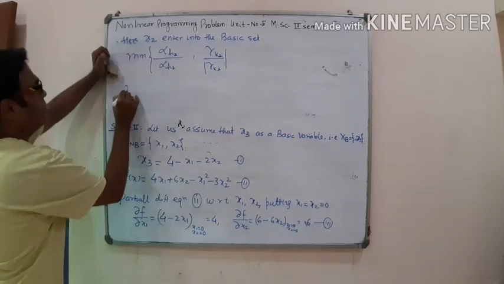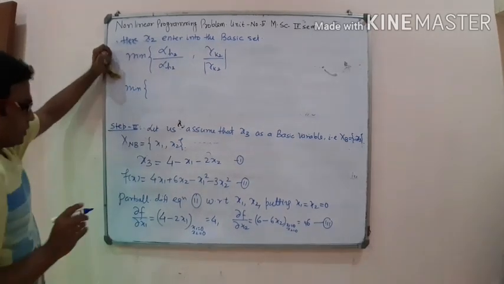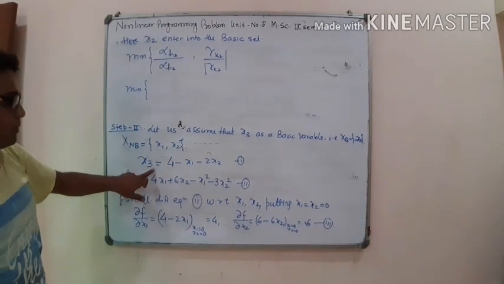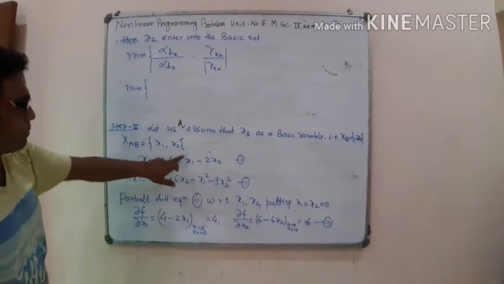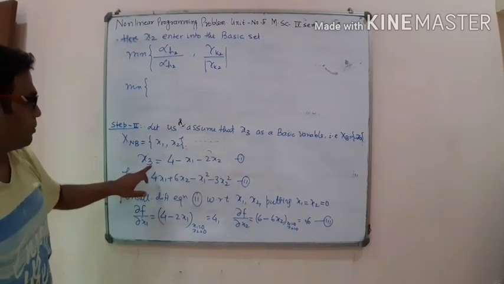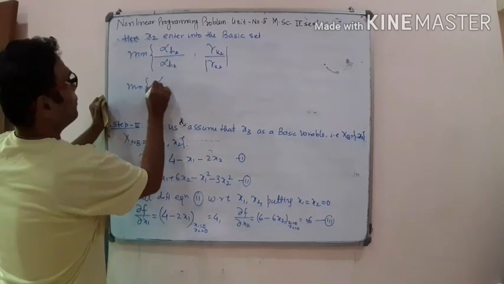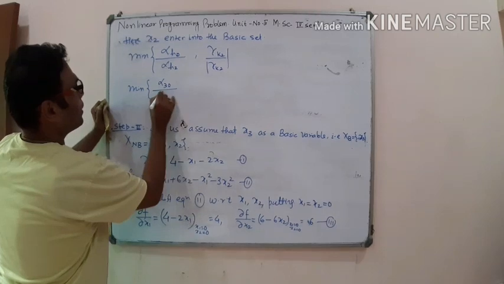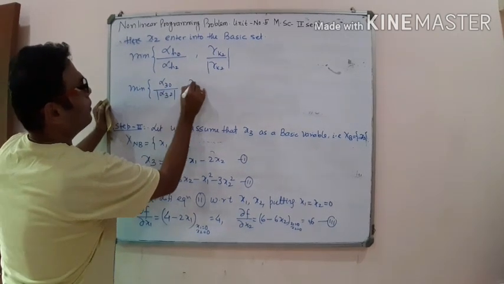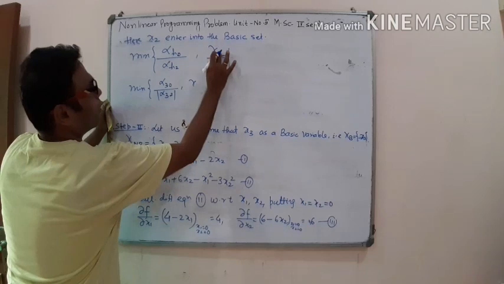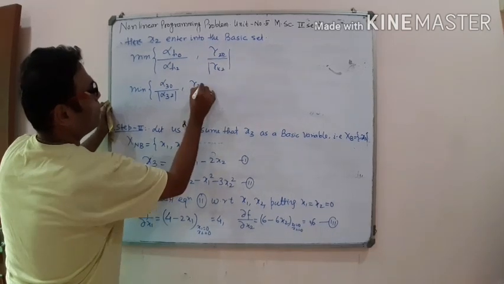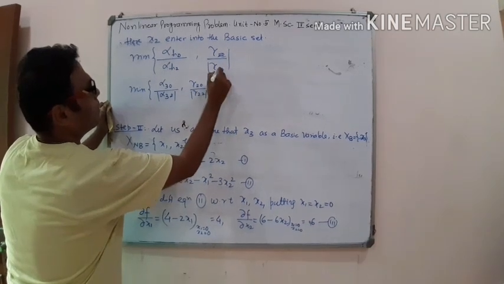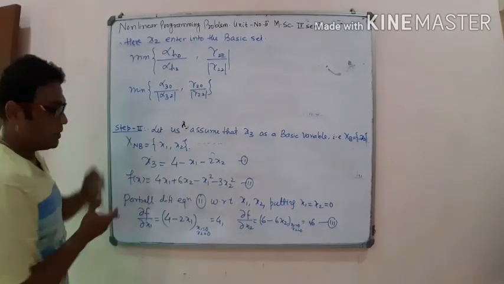Now what is h? We have only one basic variable x3, which is expressed in terms of x1 and x2, so h becomes 3. You can substitute alpha 3 0 upon alpha 3 2, gamma 2 0, this is the constant term, 2 0 upon gamma 2 2. Please correct it here, this is gamma 2 2, because the second variable is inserted.